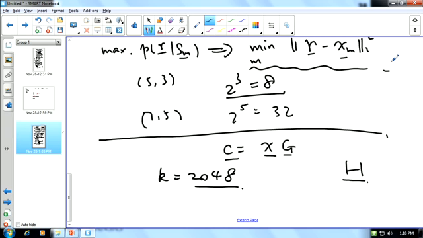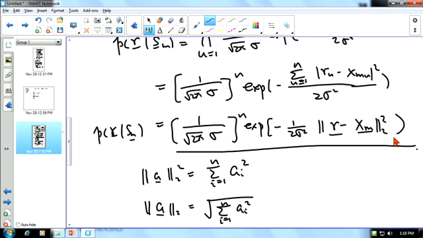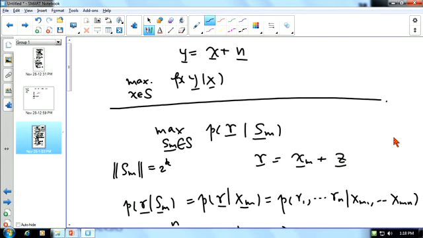And actually, we can also do optimum hard decoding. So whatever I wrote here is for optimum soft decoding, and this will give us the best possible performance.